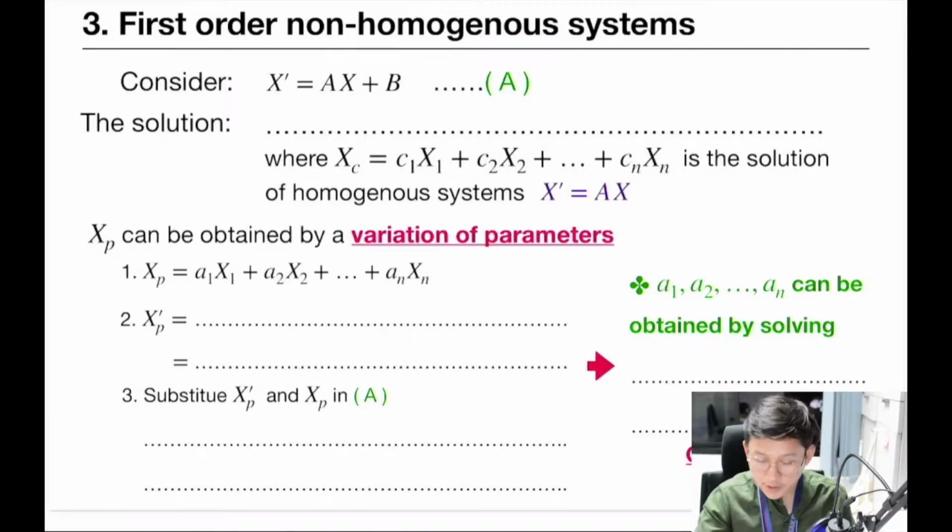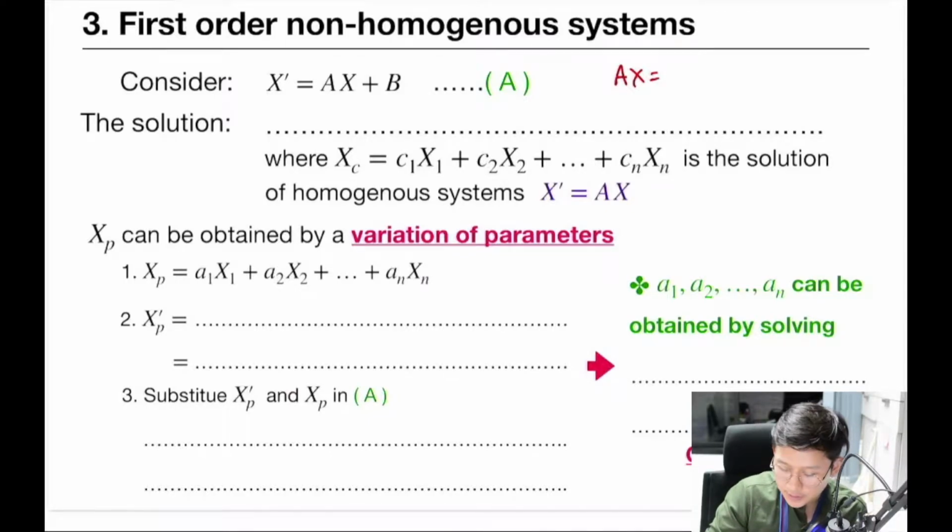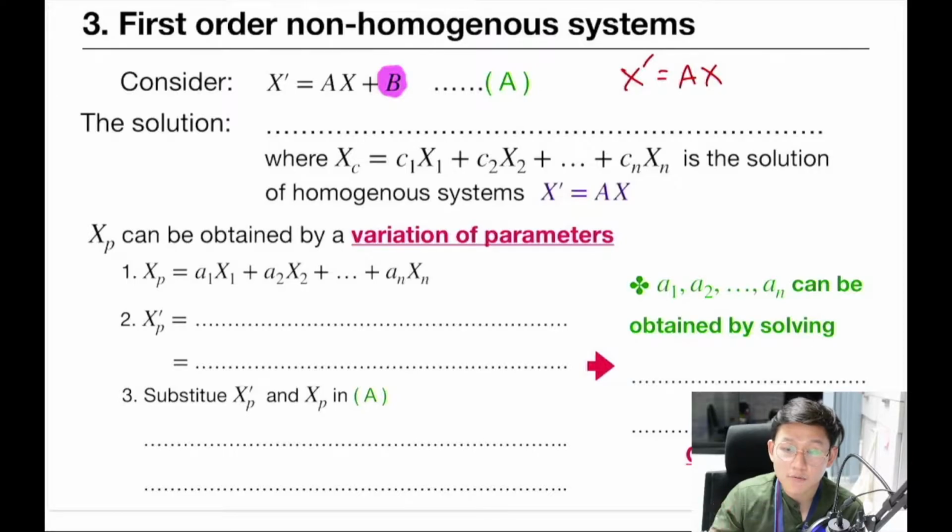In the previous sections, we have been looking at the case when we have x prime equals Ax, when this vector b is a zero vector. But right now we allow b to be non-zero, and the systems are called non-homogeneous.